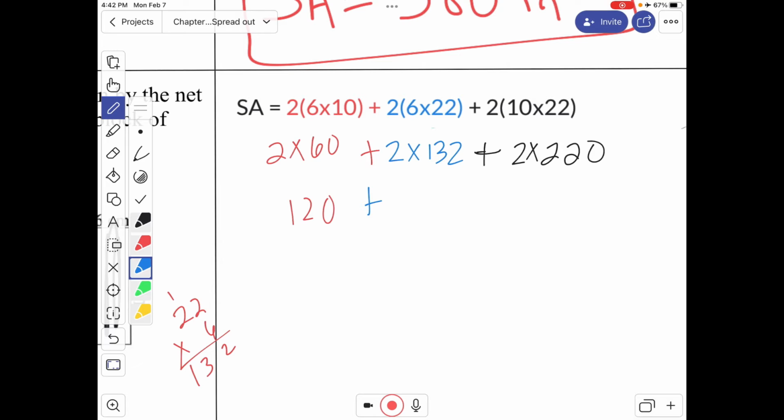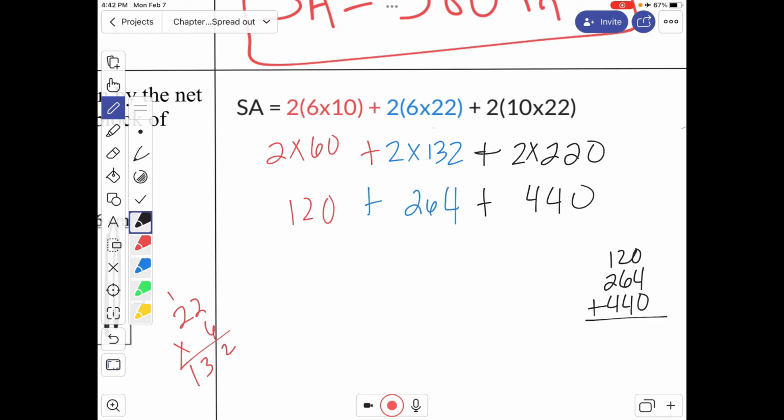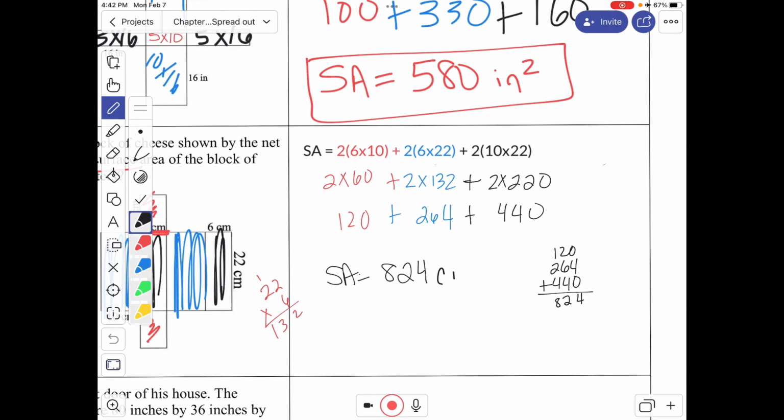And then 2 times 132 is 264 plus double 220. And then we have to add all those together. So the total surface area is 824 centimeters squared.